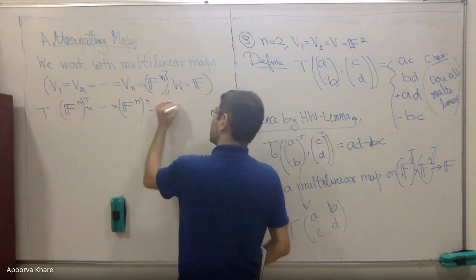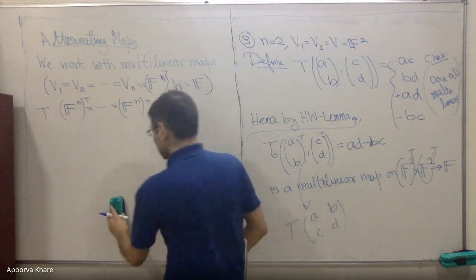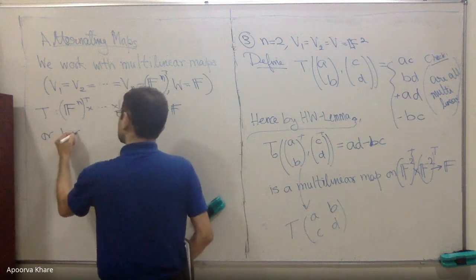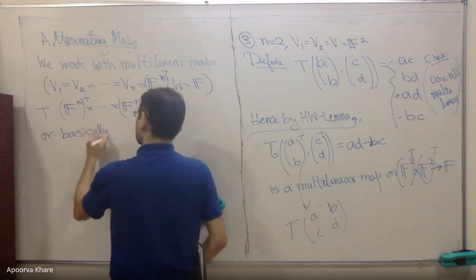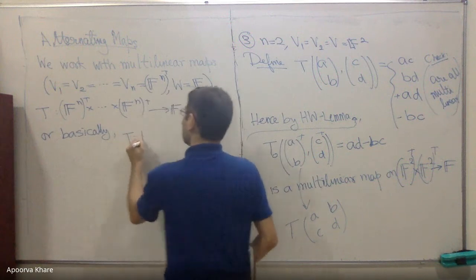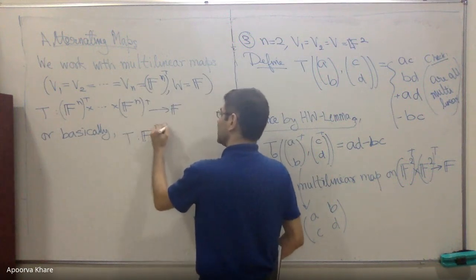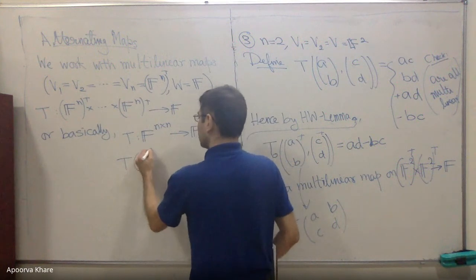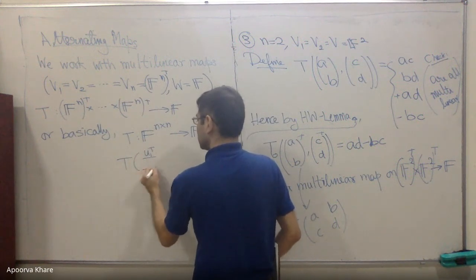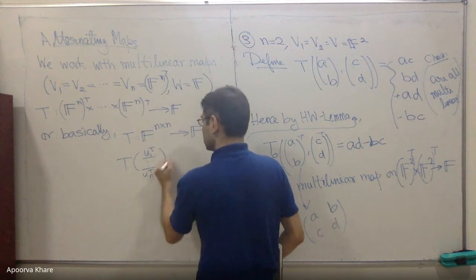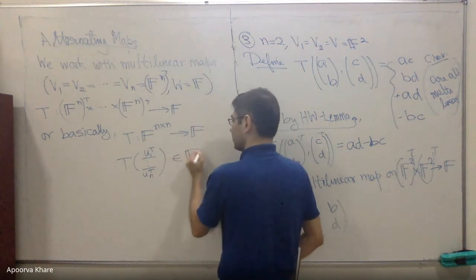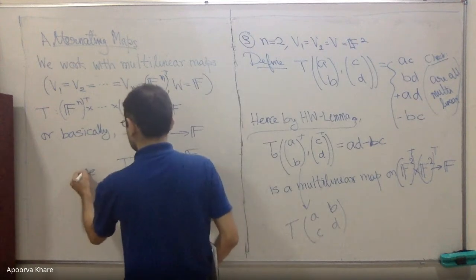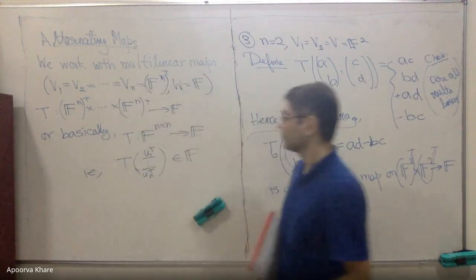To F. And so it takes things like, or basically, T from F to the n cross n to F. T of u1 transpose, ..., un transpose is a scalar in F. Okay, that's the idea.